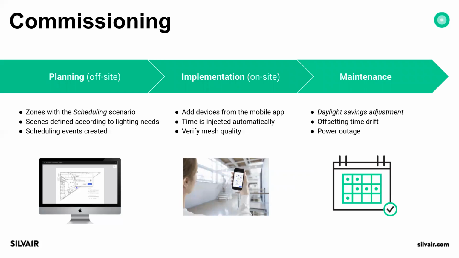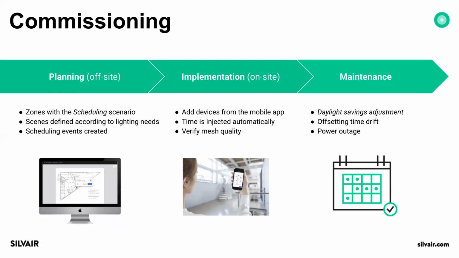So let's go through a few simple steps or stages of commissioning the in-node scheduling in the project. First of all, I think it is important to properly specify the project that would need to have in-node scheduling.